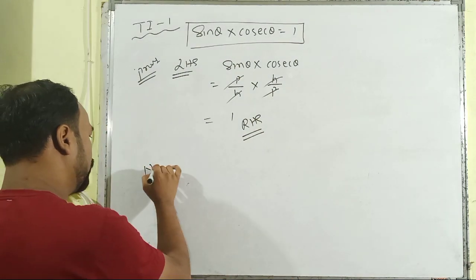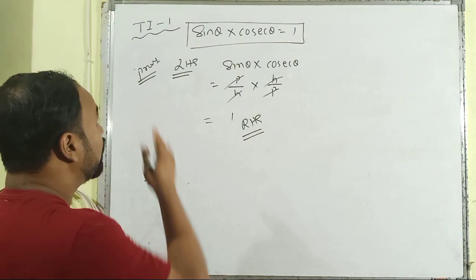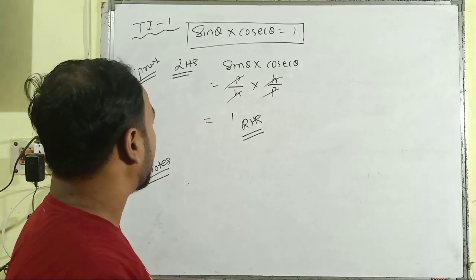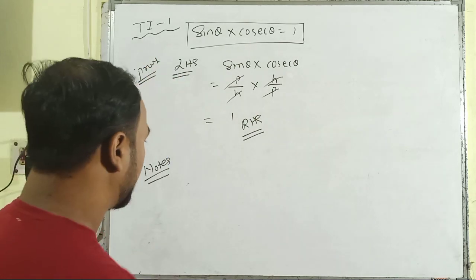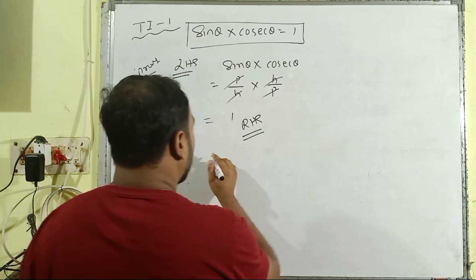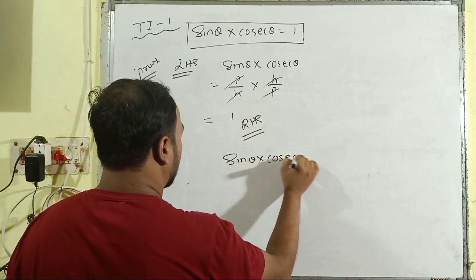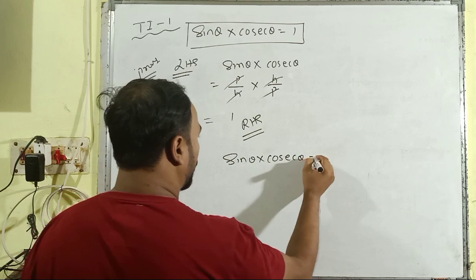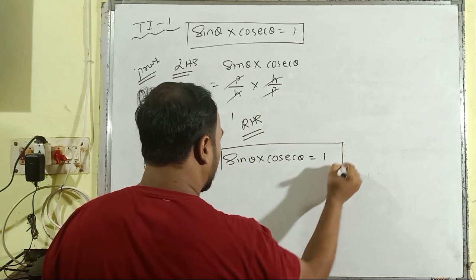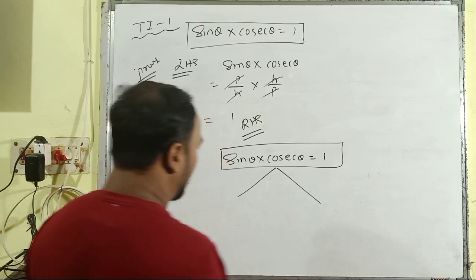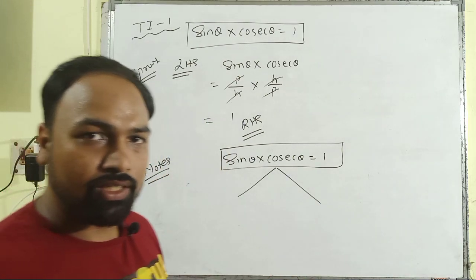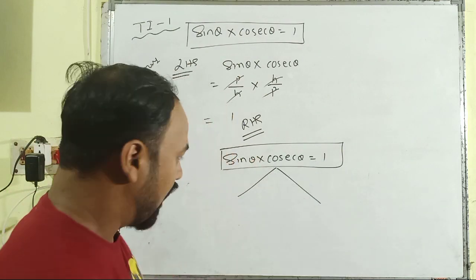Then there are some important notes based upon the first trigonometric identity. We just proved that the multiplication of sin theta with cosec theta is equal to 1, and from here we can find the value of each of sin theta and cosec theta from the trigonometric identity.